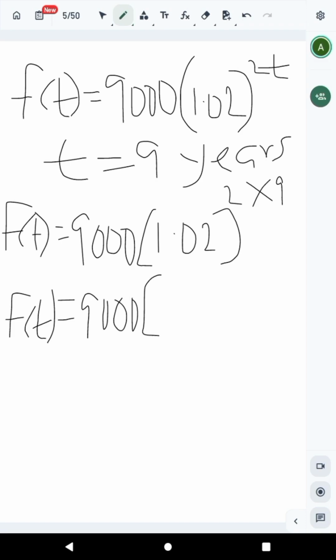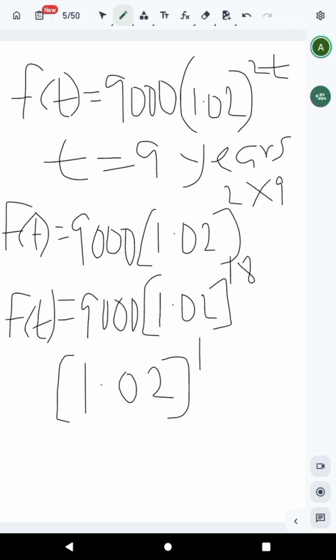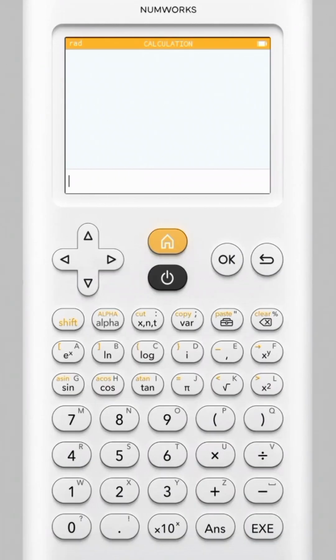Now 2 times 9 is 18, so we have 18 here. In mathematics, when you have 1.02 raised to the power of 18, it means you have to multiply 1.02 by itself 18 times.